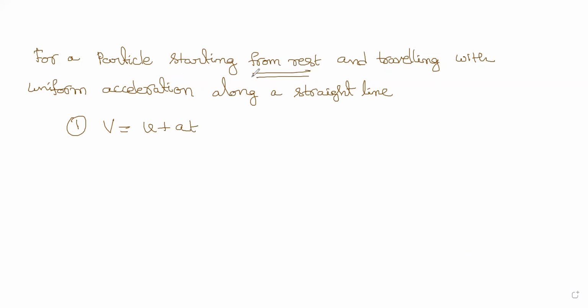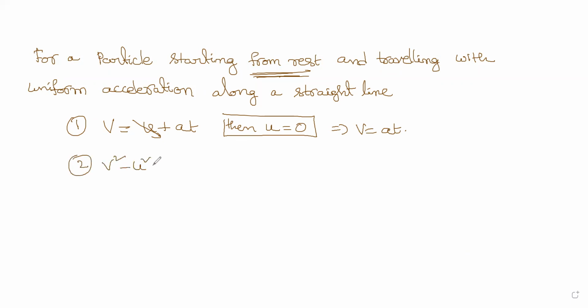ఇప్పుడు ఎప్పుడైతే ఇది అన్నారో starting from rest, if they say starting from rest, then u is equal to 0. u 0 పెట్టండి, what happens is v becomes at. Now v square minus u square is equal to 2as.